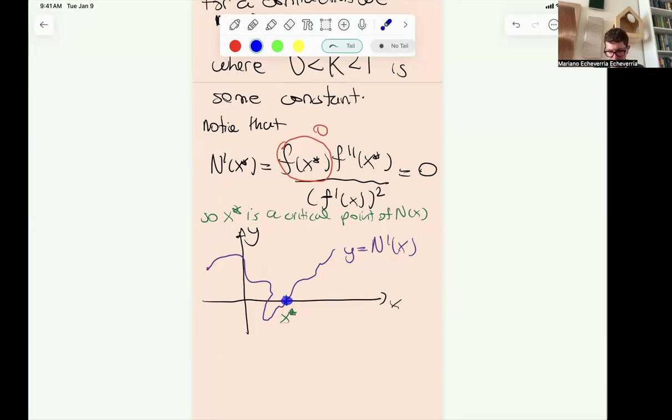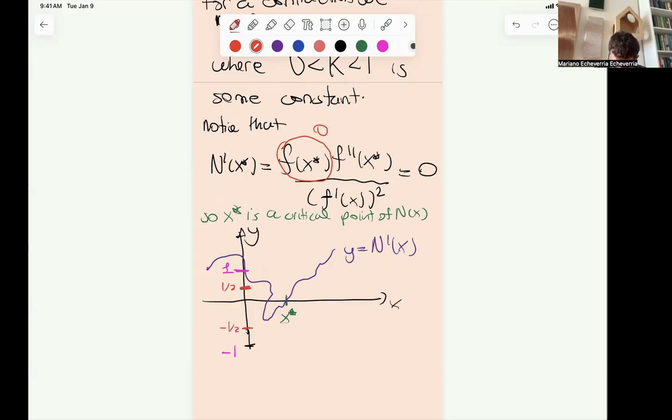So if the function is zero here, at least near x star the first derivative will be less than one, just because of how continuity works. So there will be an interval. Let's say this is one and this is negative one, and then if you wanted one half, just to give you some wiggle room, this is one half and this is minus one half.